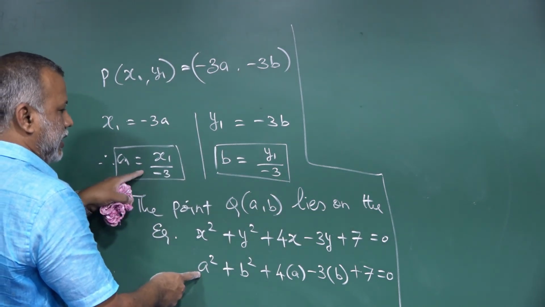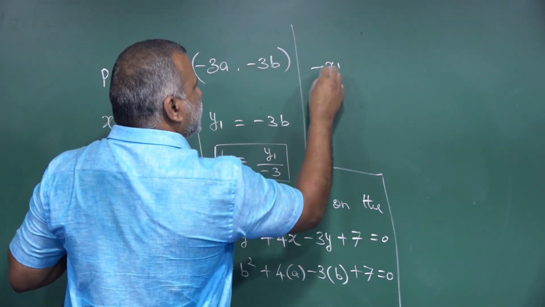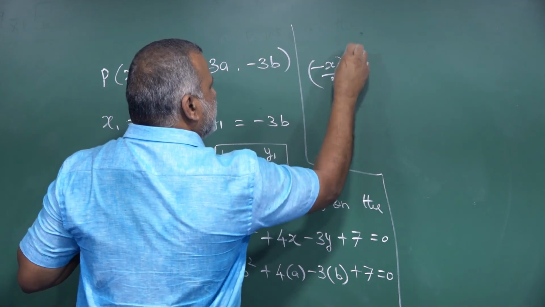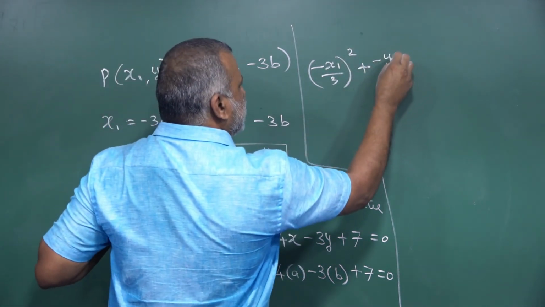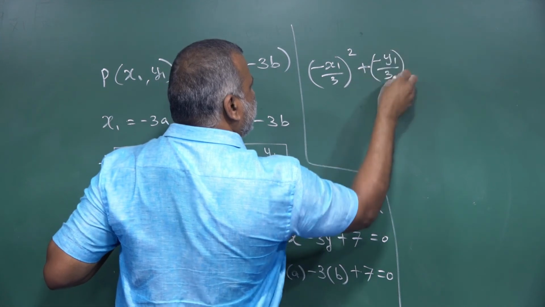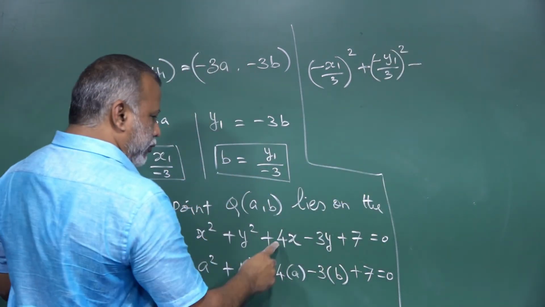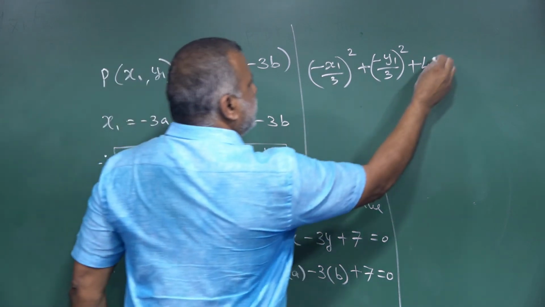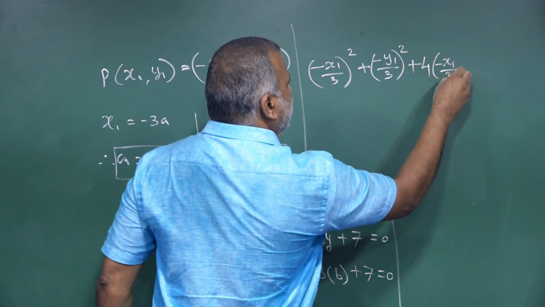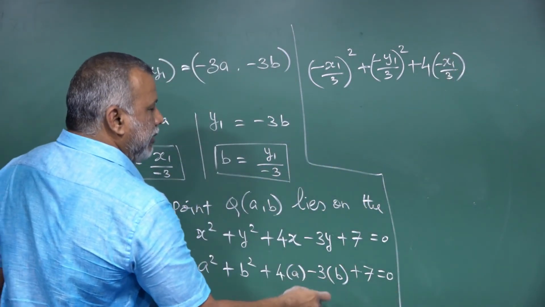What is the value of a here? Minus x1 by 3 the whole squared. Then plus the value of b. Value of b is minus y1 divided by 3 the whole squared. Then 4a. 4a is value of minus x1 by 3. Then 3b.